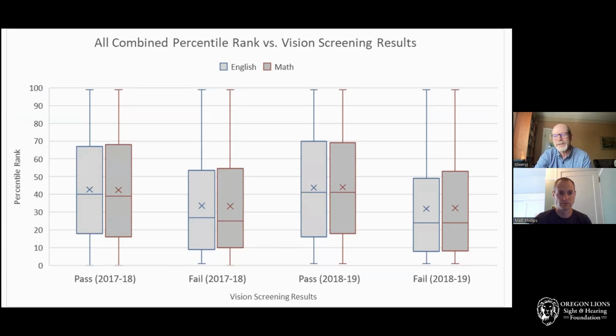Although we see that same relationship in other grades, third grade is a benchmark grade, and they have all third graders take the tests. And that was eye-opening, because school districts are really excited when they get their test scores up 2, 3, 4%. And here we're seeing a difference of about 10% between children who pass and fail the vision screening. That's a pretty big difference.